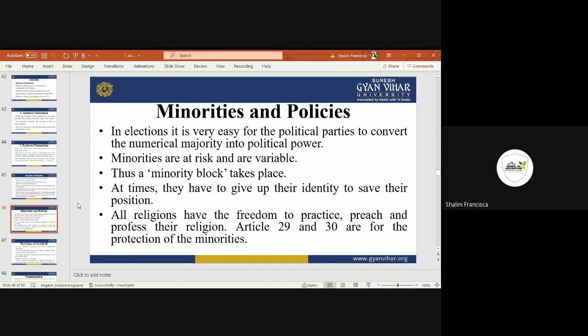Thus, a majority block takes place, and a minority block takes place. So it is clear that if they are not able to make decisions, and even if they speak, they don't have any power. The majority people, those who are in power, don't listen to them, so automatically they are blocked. At times they have to give up their identity to save their position.